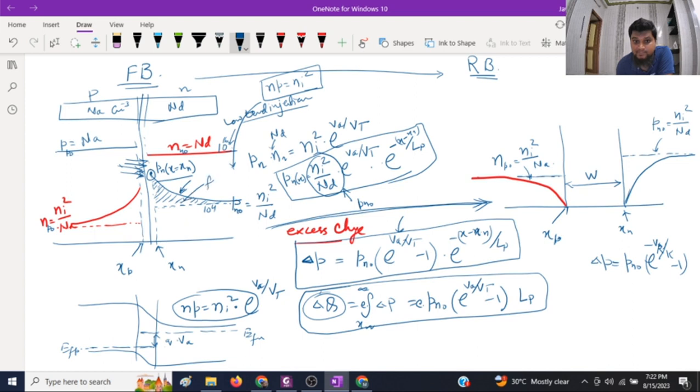So these are free charges, of course, it is called the storage charge. You can say that it is stored charge on both sides. Now because the forward bias has stopped, there will be no diffusion of extra carriers from this side. This has been blocked.